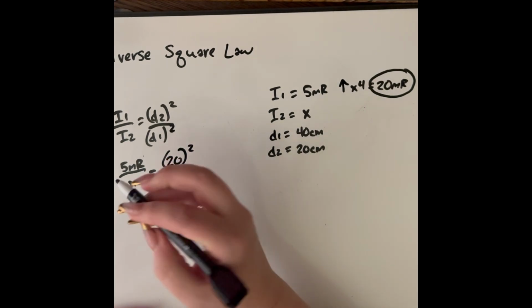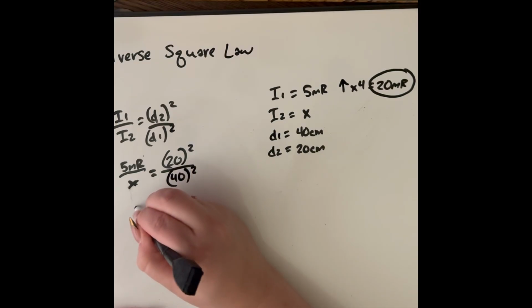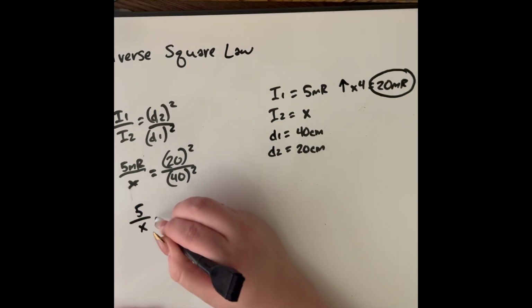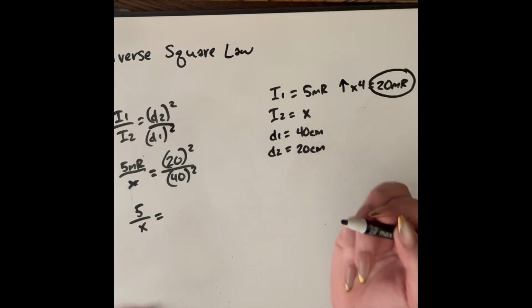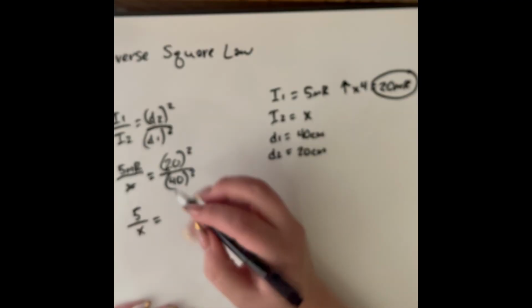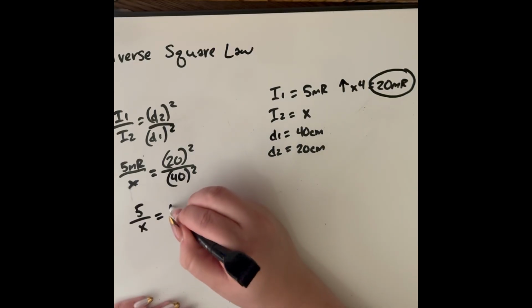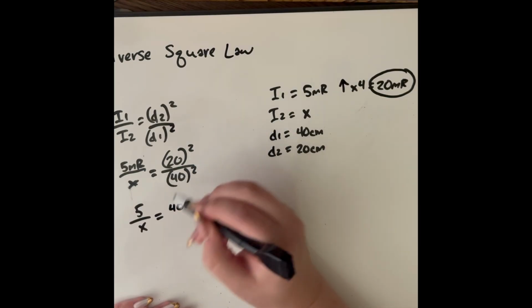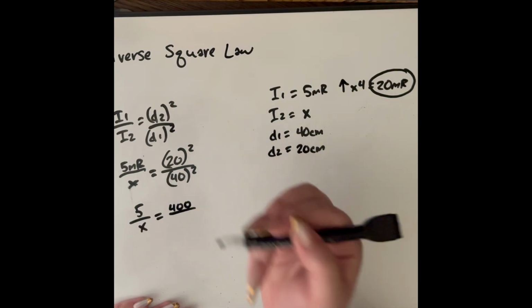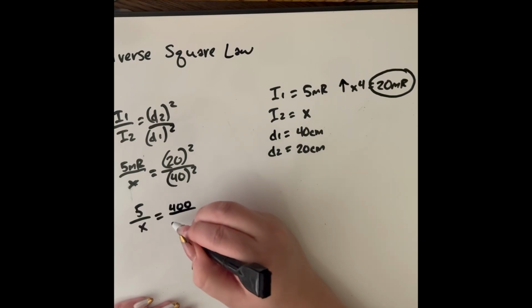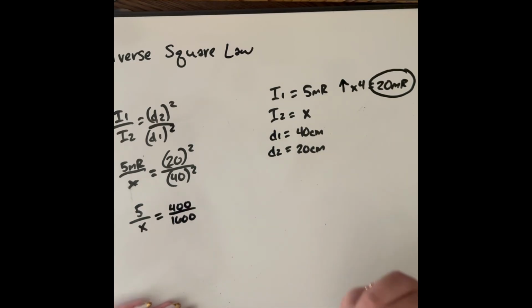If you want to leave it in as you do your math, feel free, but you don't have to. 5 over x equals 20 times 20 is 400, or you could do 2 squared is 4 and add 2 zeros. 40 times 40, we had that earlier, is 1600.